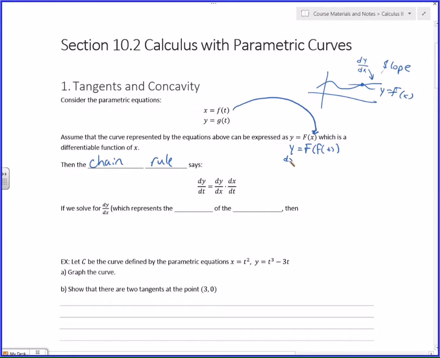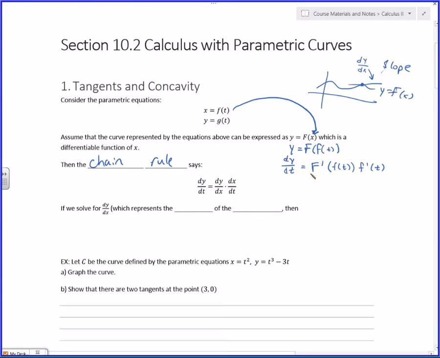then dy dt would be capital F prime of f of t times f prime, I said t, wrote x, t, times little f prime of t. Remember, you take the derivative of the outside, leave the inside alone, times the derivative of what's inside.